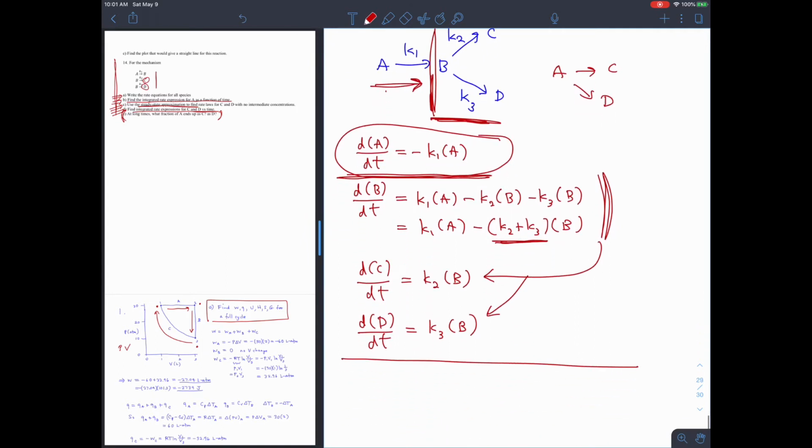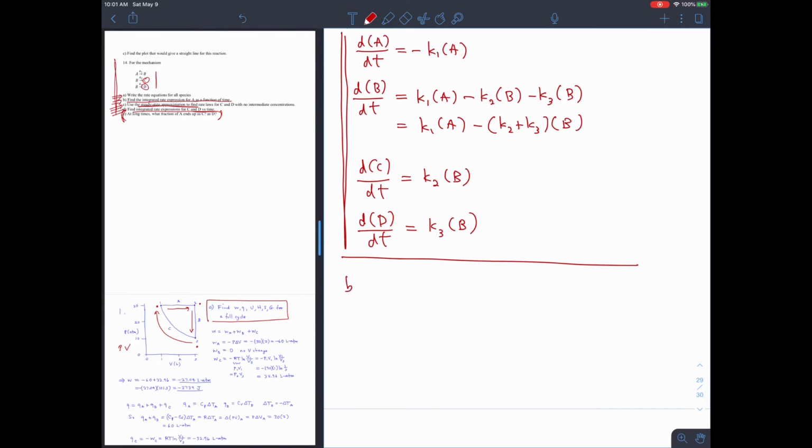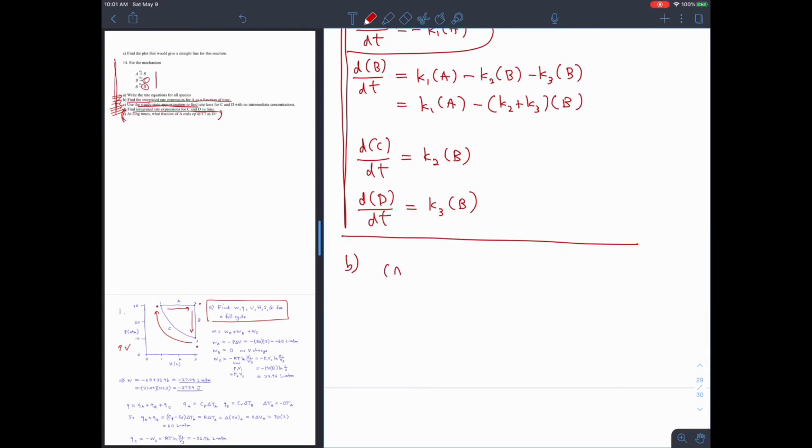So this set of relationships here, let me eliminate all this junk again, this set of relationships is part A. For part B, we have to solve. And since it's a first order relationship for A, we already know what the solution is. It's A is equal to A0 e to the minus k1t.